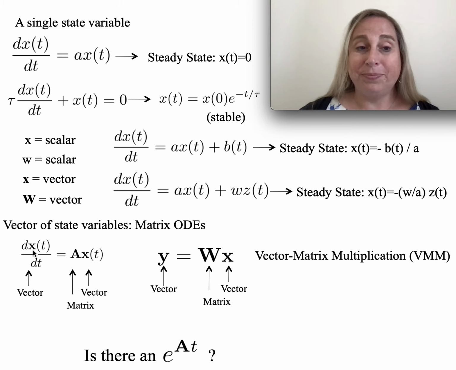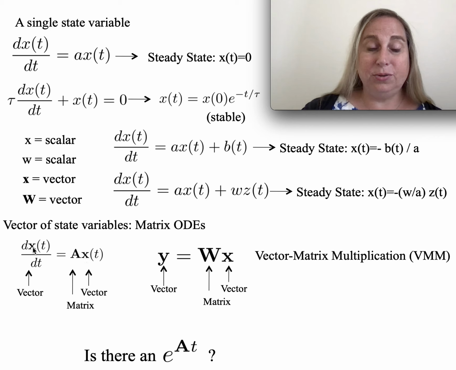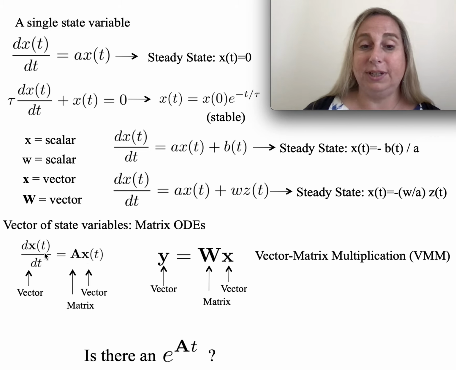And you would expect this matrix to be square, because it goes from the vector x of t to the derivative of x of t. That works out really well. That's an interesting differential equation, maybe also a scary one, depending on how you look at the world.